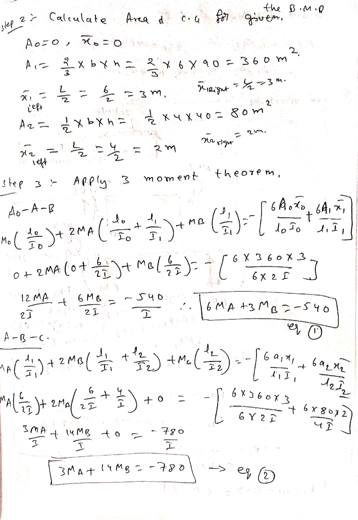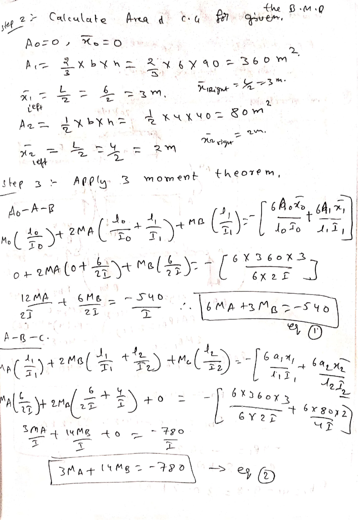Now in the second step, we need to calculate the area and centroids for the free bending moment diagram. For A0A, the area A0 is equal to 0 because there is no load at all. Now x0 bar left is equal to 0 and x0 bar right is equal to 0.